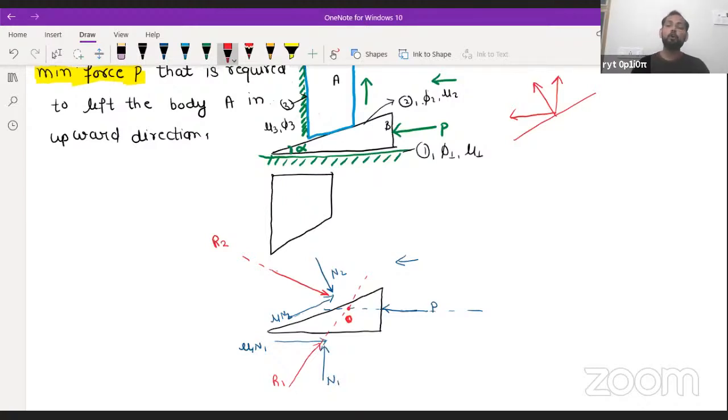Exactly. I hope you studied the equilibrium condition for a body that is acted upon by three forces. So what is the condition of equilibrium for a body acted upon by three forces? The condition is this: a body acted upon by three forces will be in equilibrium if all the forces are concurrent.